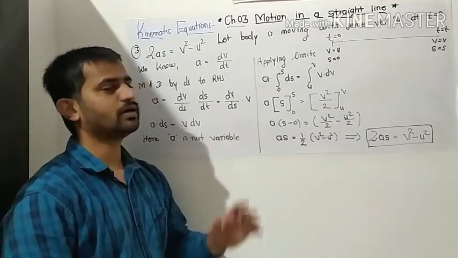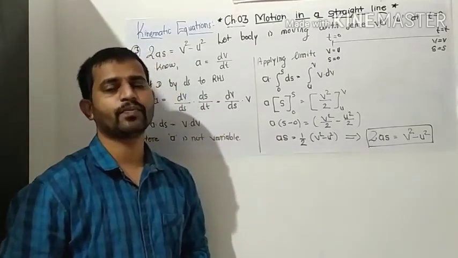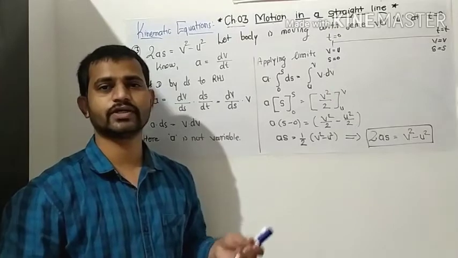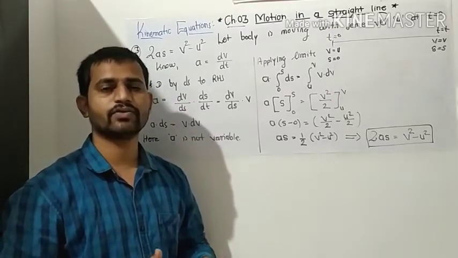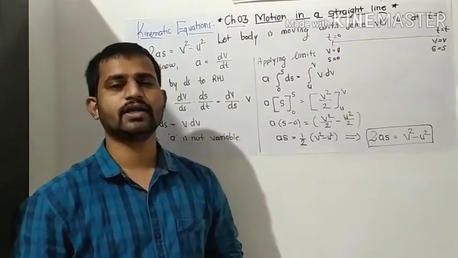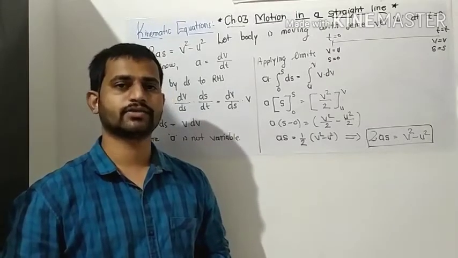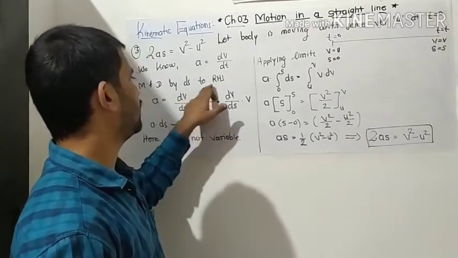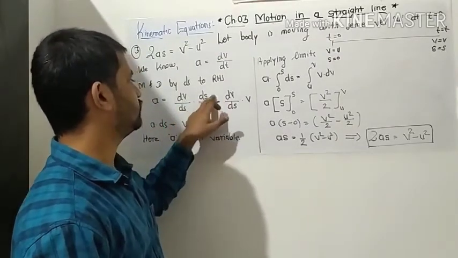We just have to start: let a body be moving with initial velocity u, and it is covering a distance of s during the time interval t. We consider the equation of acceleration, a is equal to dv by dt. Then we multiply and divide the RHS by ds, and we get a is equal to dv by ds times ds by dt.